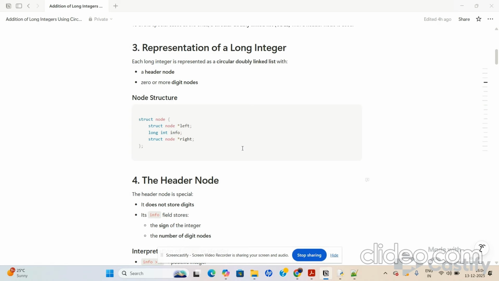The node structure would look like this: each node consists of a pointer to the previous node, an info field, and a pointer to the next node. The previous node pointer is represented here as left and the next node pointer as right. It's just a programming convention; you can use your own conventions, that's not a problem.